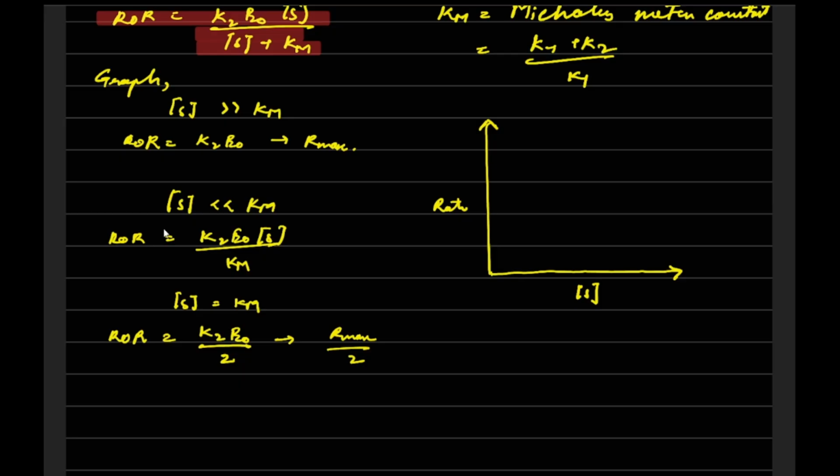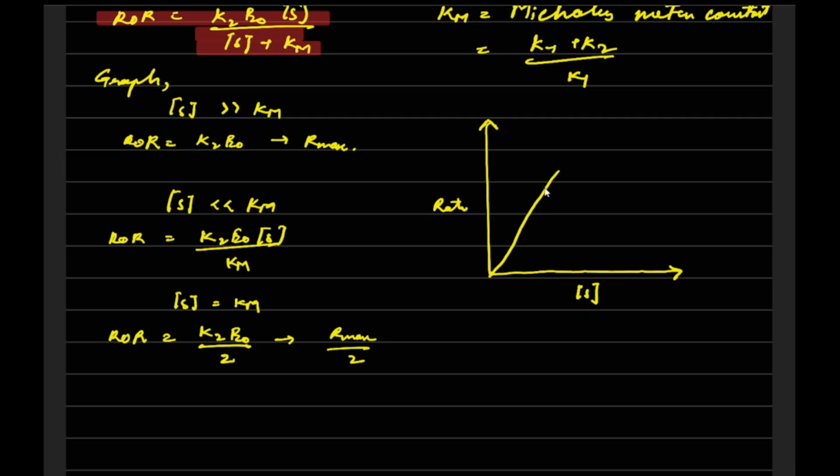Rate versus concentration. So the slope is K2 E naught by Km, y equals Mx where it is 0. So this will be a plot of this.